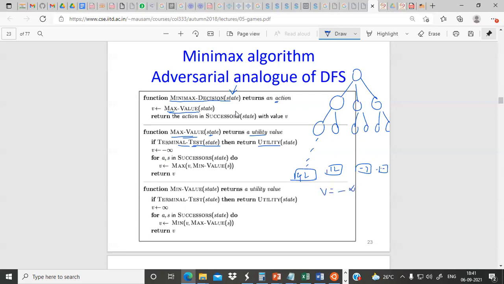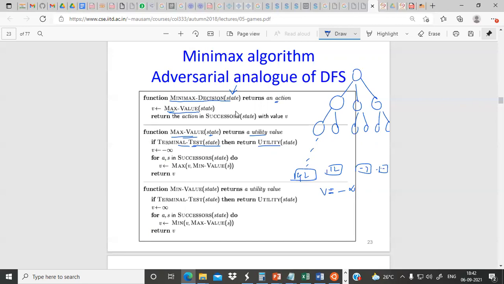In case of a max move, we assume the value to be minus infinity, because max always tries to take the better, higher value. But as we are maximizing, we start with the least possible value, negative infinity.